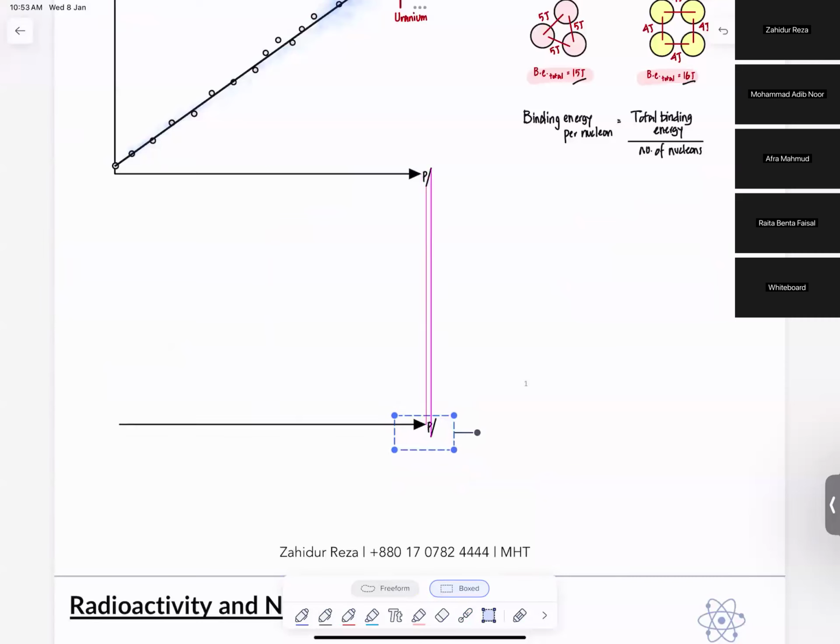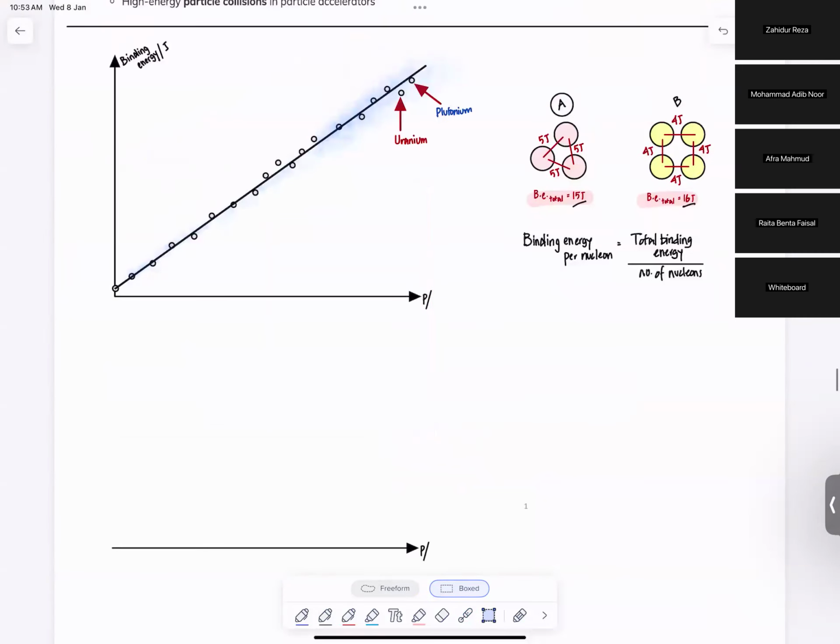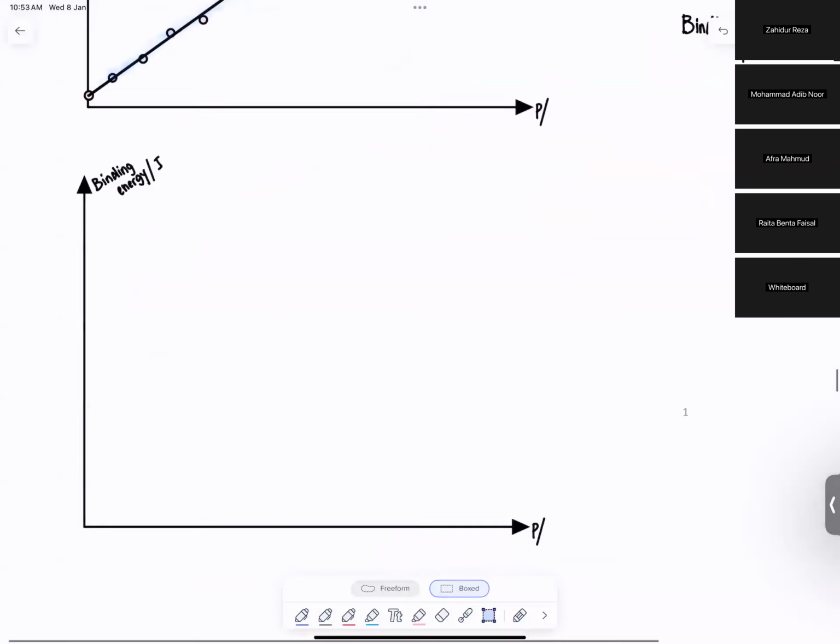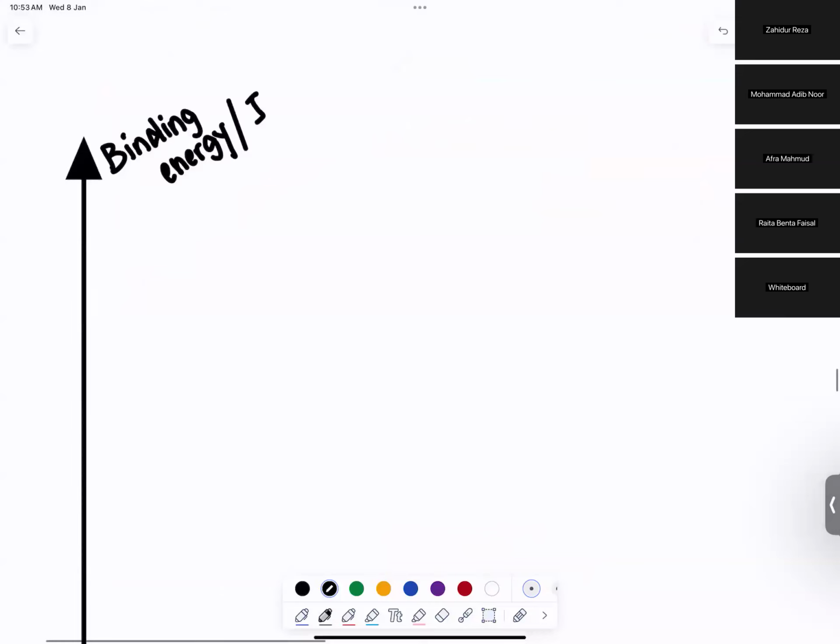So once we plotted our graph for binding energy per nucleon versus proton number, the graph was very different.